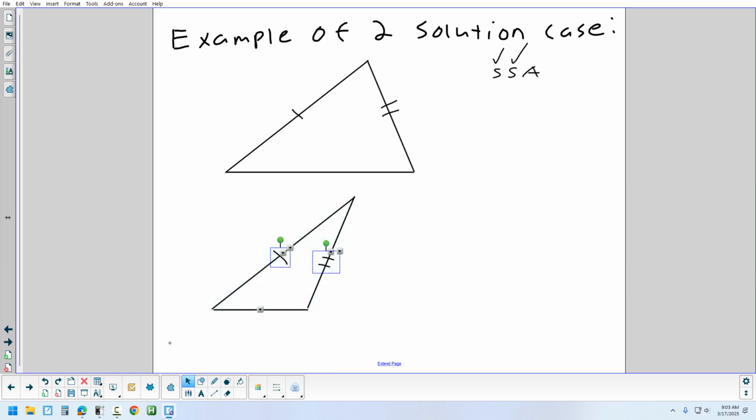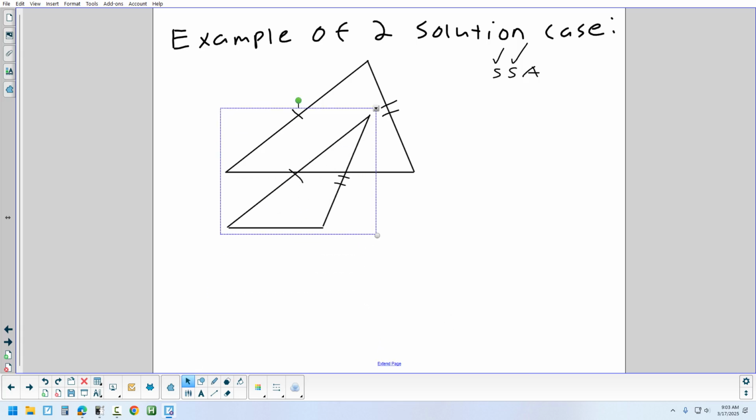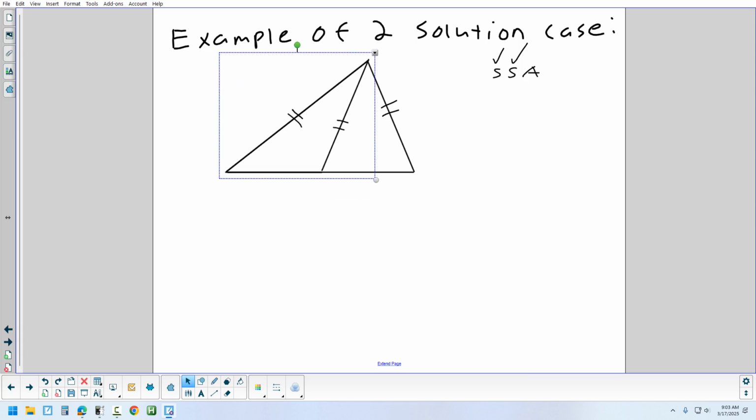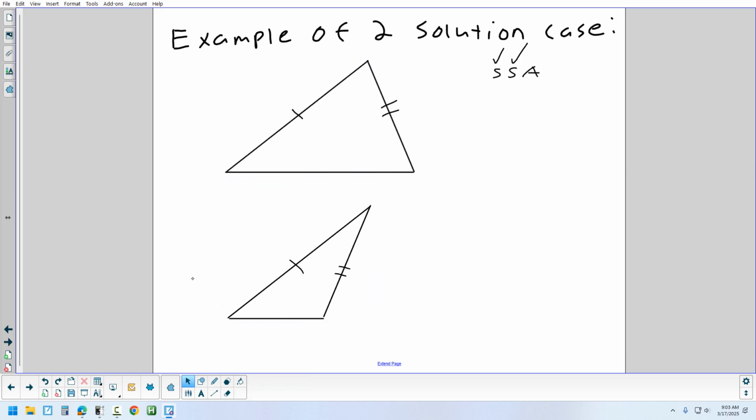I'm going to group all that together. So where's the angle that they share? Well, if you move it up right there, they share that angle in the lower left. The angle in the lower left in the top picture and the bottom picture are identical. So those two are the same.